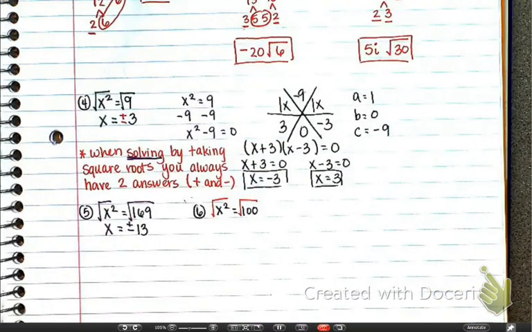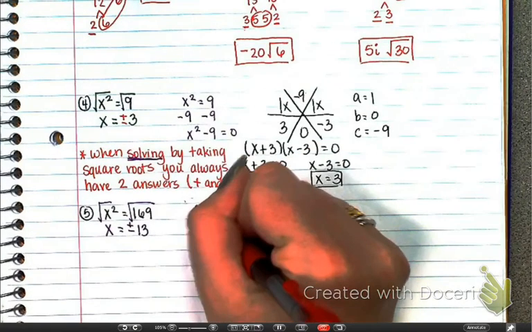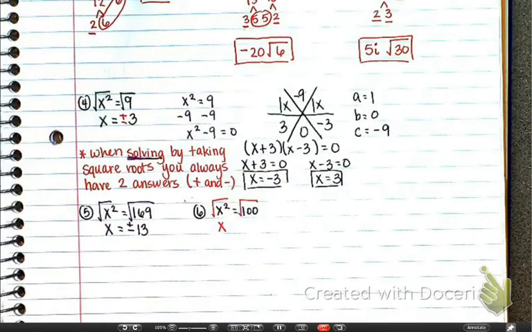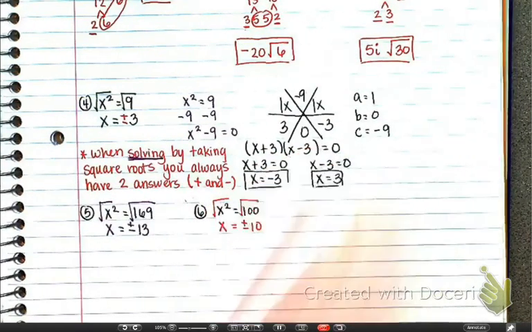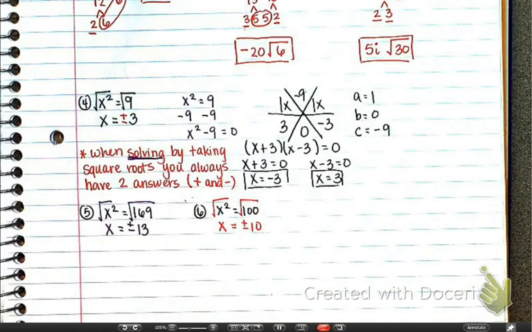We're solving. The square root of x squared is x. The square root of 100, because we are solving, is plus or minus 10. Okay?